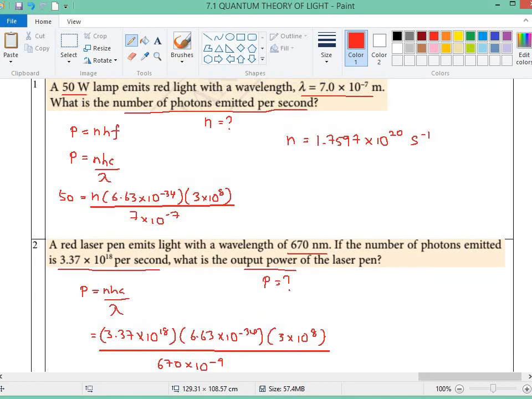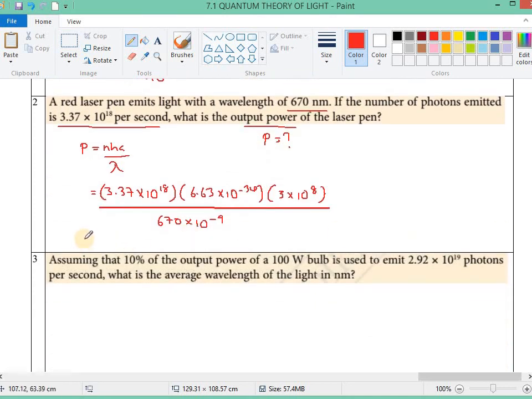So we get 1 watt. Actually 1.0004, rounded off to 1 watt.